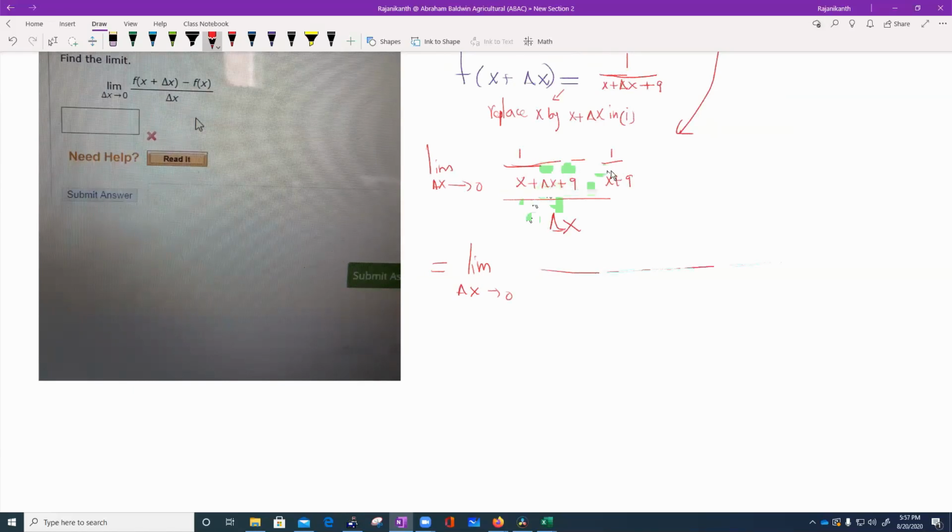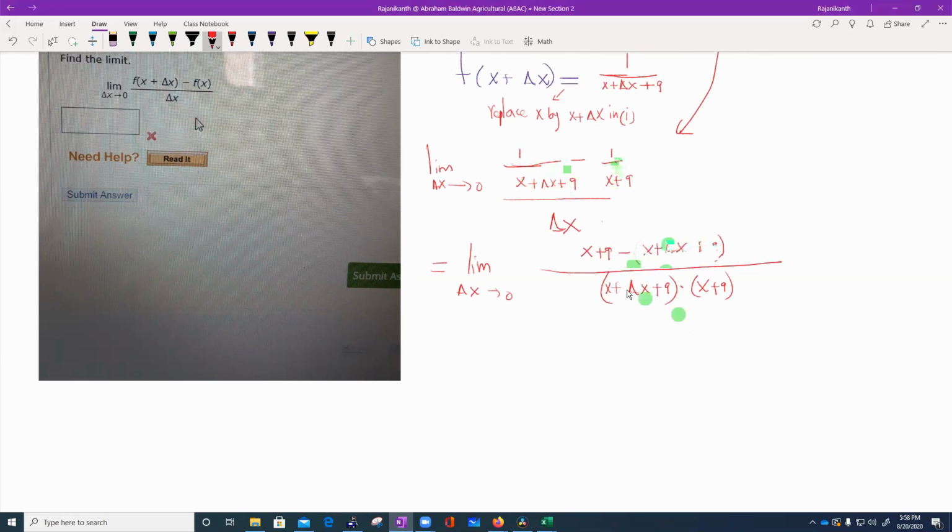If you combine these two fractions, the LCM of the denominator is simply the product of these two. I'm simply using your high school mathematics. When you combine these two, you have to cross multiply, right? This guy with that and this guy with that.